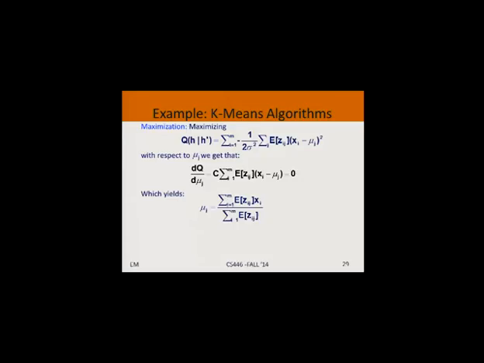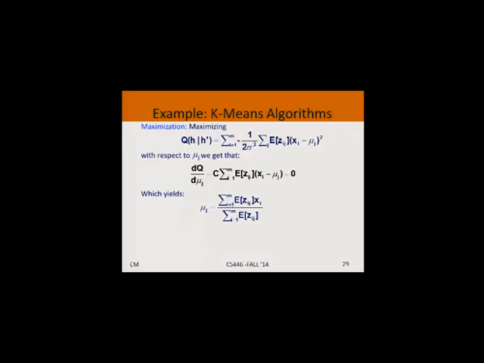And each data point could have k different probabilities: the probability that it came from mu1, mu2, up to mu k. Let's assume, just for a second, that these Pij's are always 1 or 0.